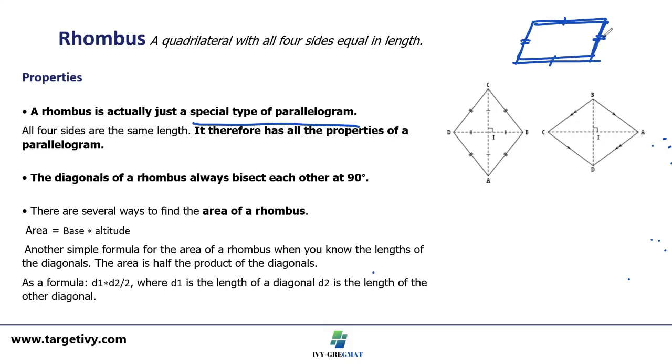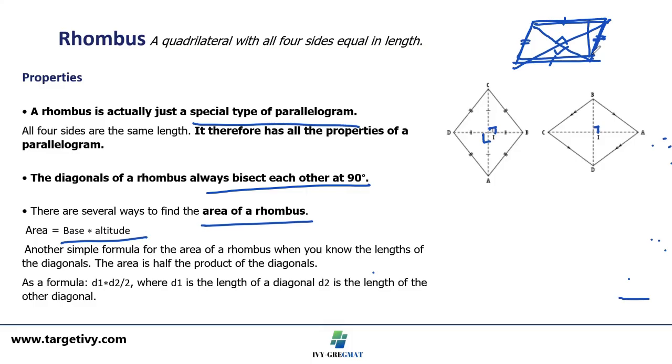The diagonals of a rhombus always bisect each other at 90 degrees. So if I draw a diagonal, this will be 90 degrees. Now we can better see in these diagrams, the diagonals are at 90 degrees. The area of a rhombus, obviously, is base into altitude, base into height.